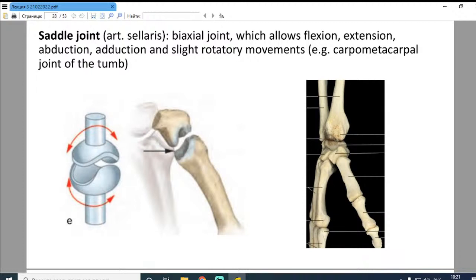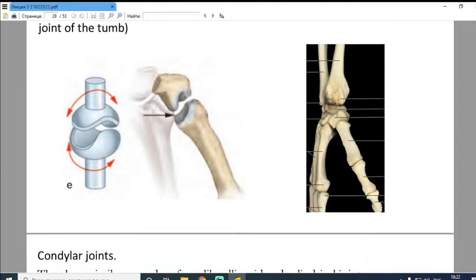This is the first finger. What you see, biaxial joint, saddle joint, simple joint, diarthrosis joint.